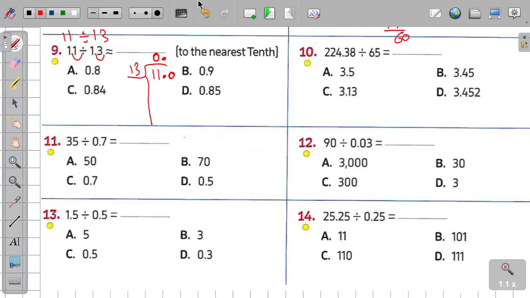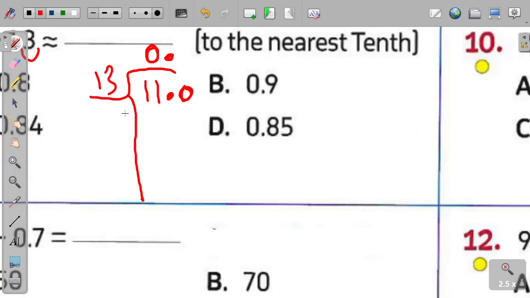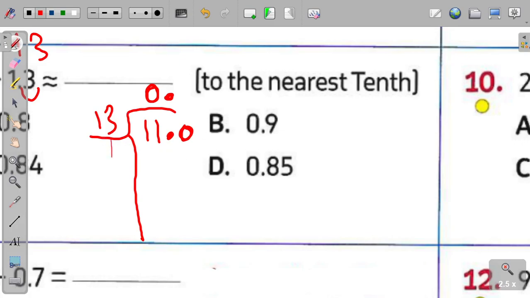So I have 1, 2, 3, 4, 5, 6, and 7. 1 times 13 equals 13. 2 times 13 equals 26. 3 times 13 equals 39. 4 times 13 equals 52. 5 times 13 equals 65. 6 times 13 equals 78. 7 times 13 equals 91.